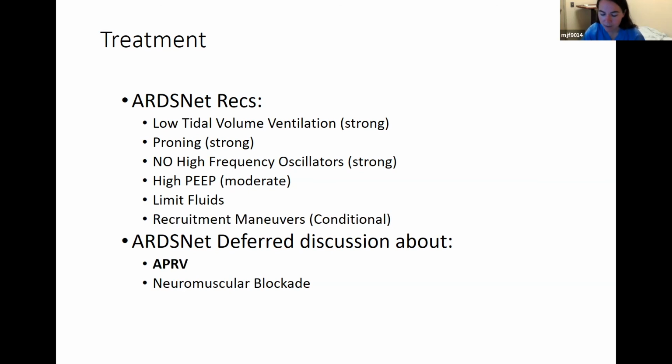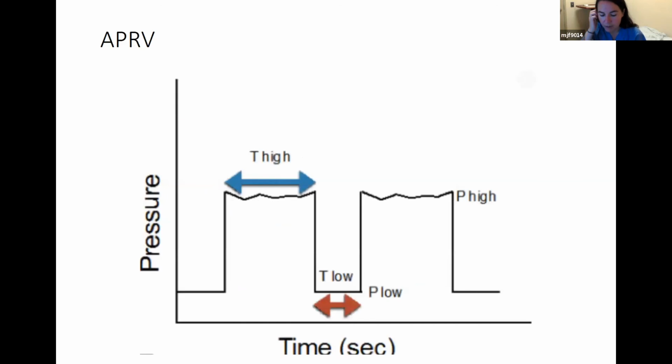And then I have a little slide about APRV. ARDSNet didn't formally comment on the use of APRV, or airway pressure release ventilation, but I think it's cool. We don't get too much exposure to it, I don't think. There are definitely varying levels of comfort among staff and among RT. With this mode of ventilation, the idea is to give high continuous positive pressure.